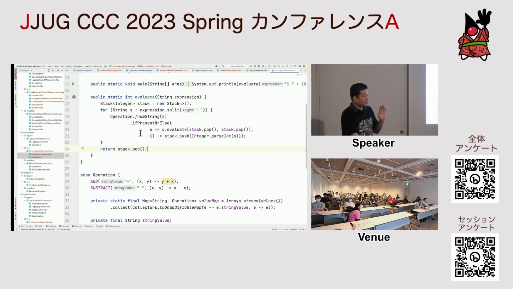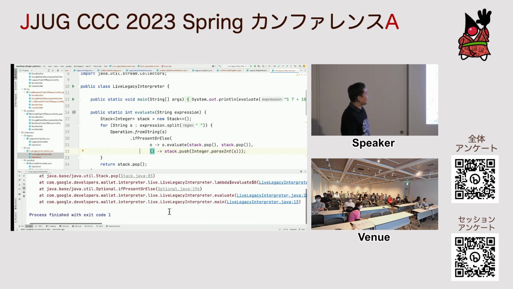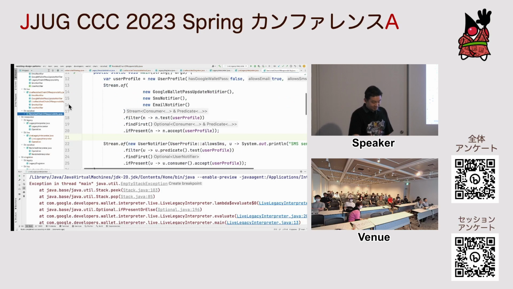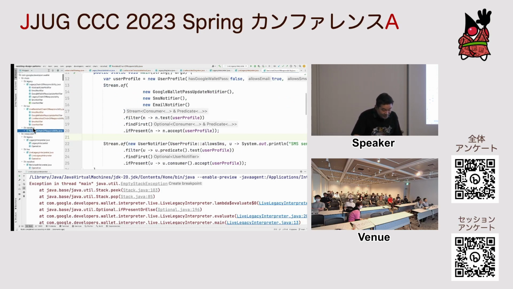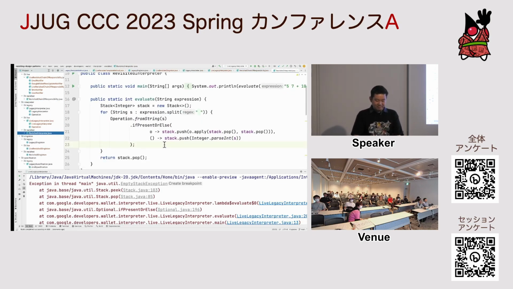And I know it's complicated to see, but trust me, it should work. If it doesn't, we'll try again. Let's run. Oh, what did I do wrong? Luckily, I have here the code. Visited interpreter. And I don't know what I did wrong again. I'm going to just copy the code.